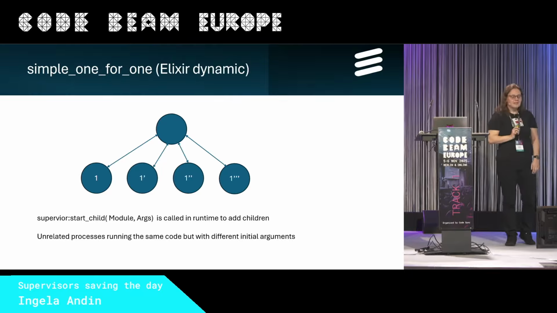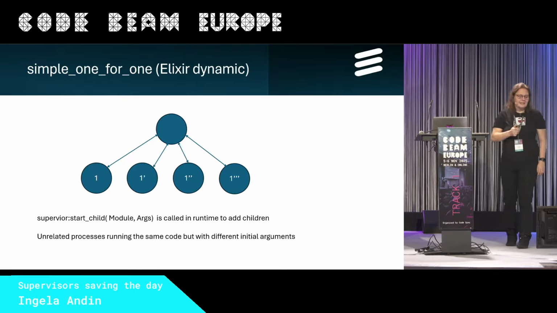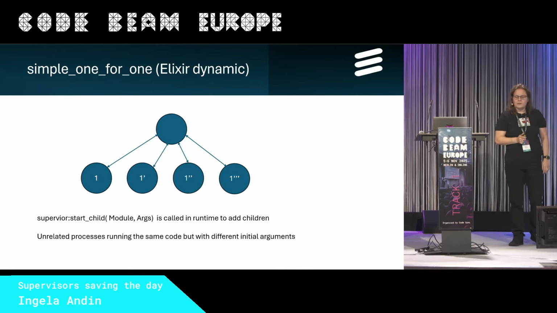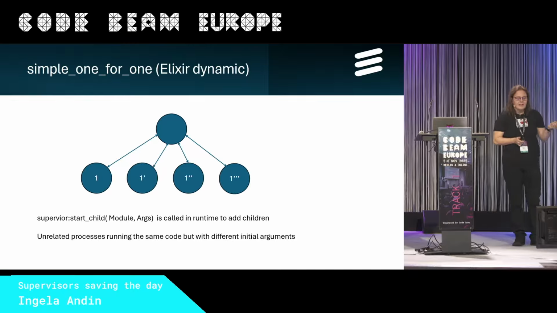And then we have a simple one-for-one strategy, which is actually an entirely different type of supervisor. Elixir calls them dynamic supervisors, although it's not the supervisor actually that is dynamic, it's the children that are dynamic. The children of such a supervisor are always started at runtime, and they are independent of each other, but they are running the same code, with different initial arguments.